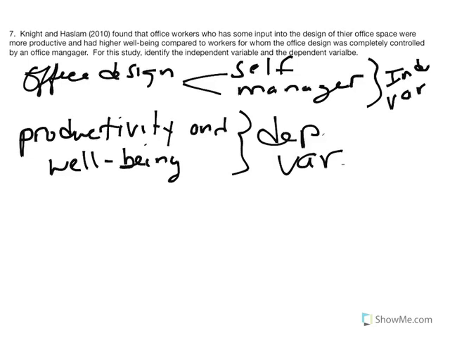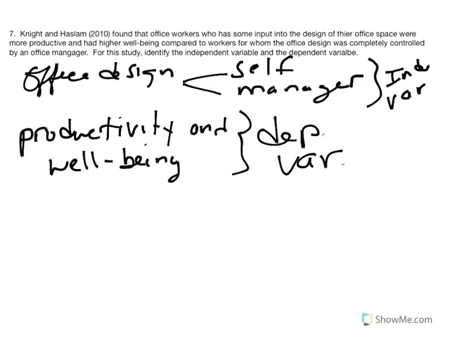So again, here in this case, if this was a true experiment, we would break individuals into categories where, let's say we have 20 individuals total, and 10 of them design their own space. The other 10 have their managers design their space. And during, let's say, a 6-month period of time, we measure their productivity and their well-being.